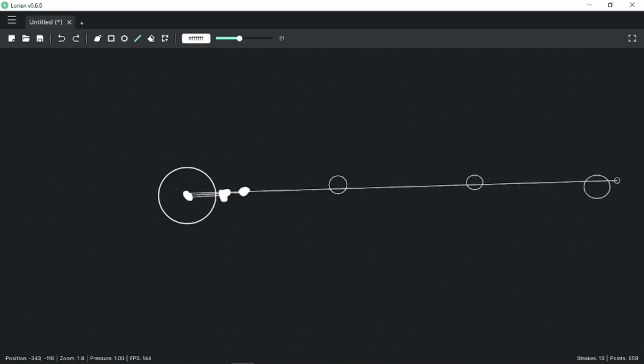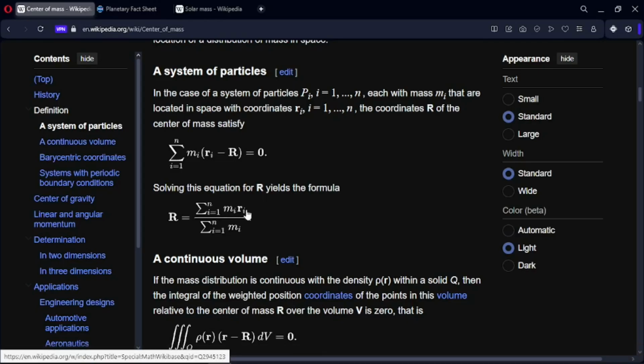But considering all the planets on the same x-axis here, the position vectors actually are this coordinate here, so they are not vectors. We can consider them as scalars.